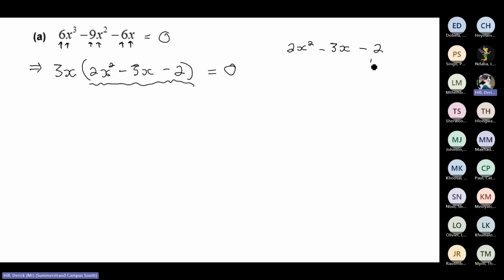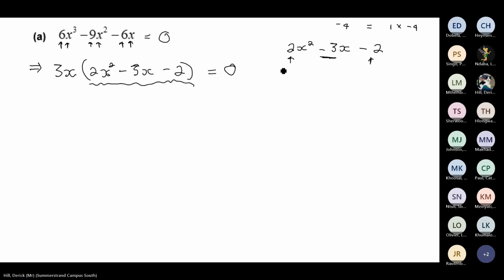If we look, we've got a minus 2 and a 2. That gives me a minus 4. We want factors of minus 4 that will give me a minus 3. I already know that is a 1 and a minus 4. So 1 times minus 4 gives me minus 4, excuse me, and if I add 1 and minus 4 together, I get minus 3.